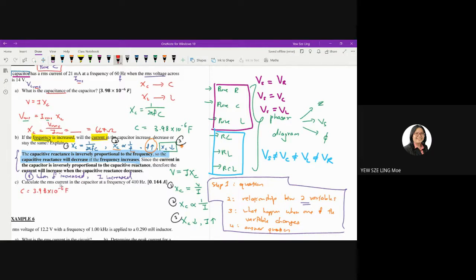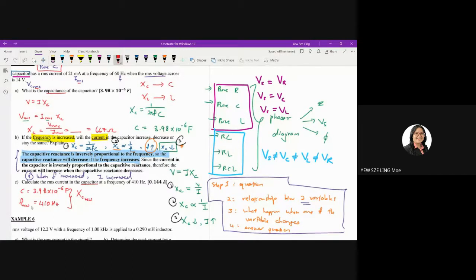It is still this value because you are still using the same capacitor without changing its physical structure. So you have C with a new F, F new, which is 410 hertz. You can then use these two pieces of information to calculate the new XC.